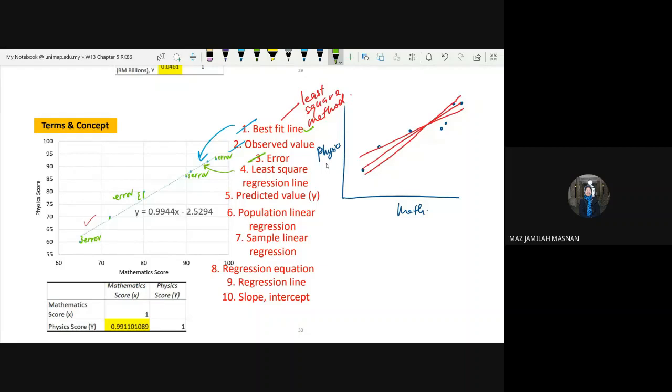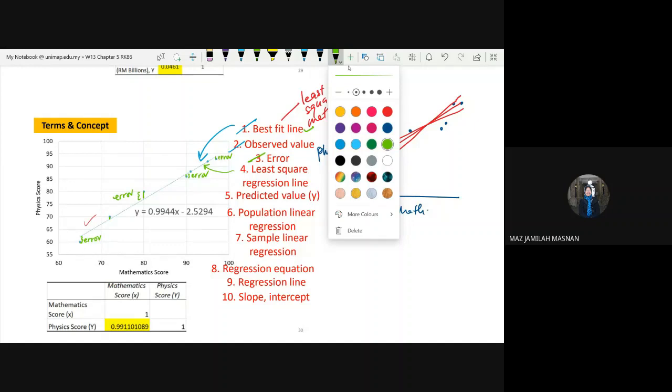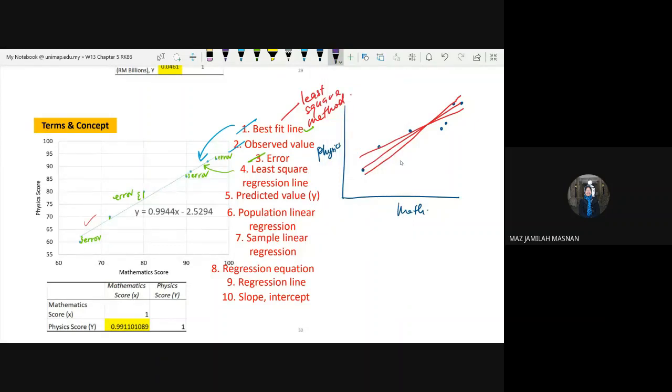Now, predicted value. Class, this is very important. What is the predicted value? The predicted value is all the values on the line. For example, if this is my observed value, this on the line here is my predicted value.